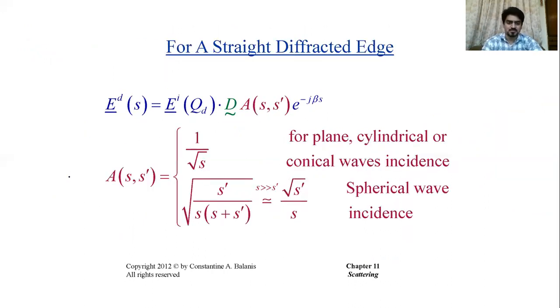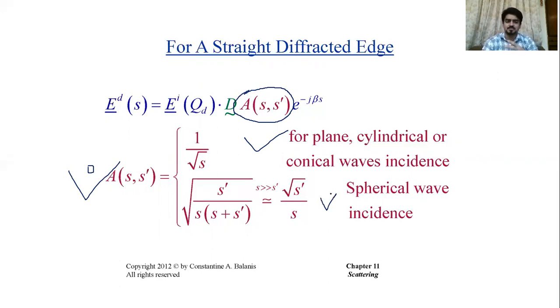So this amplitude spreading factor is not only dependent on the geometry of your structure, but it also depends on the type of incident waves you have. For plane wave or cylindrical or conical waves, you might have something like this, and for spherical wave, you might have something like this as a spreading factor.